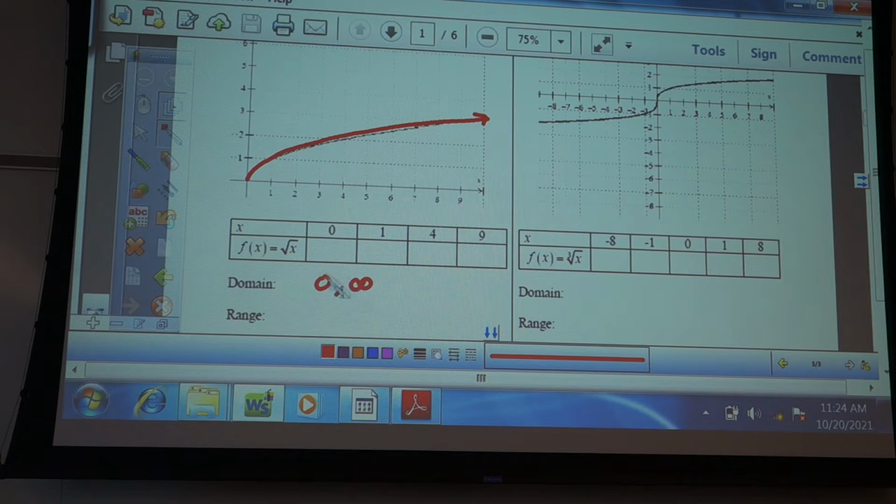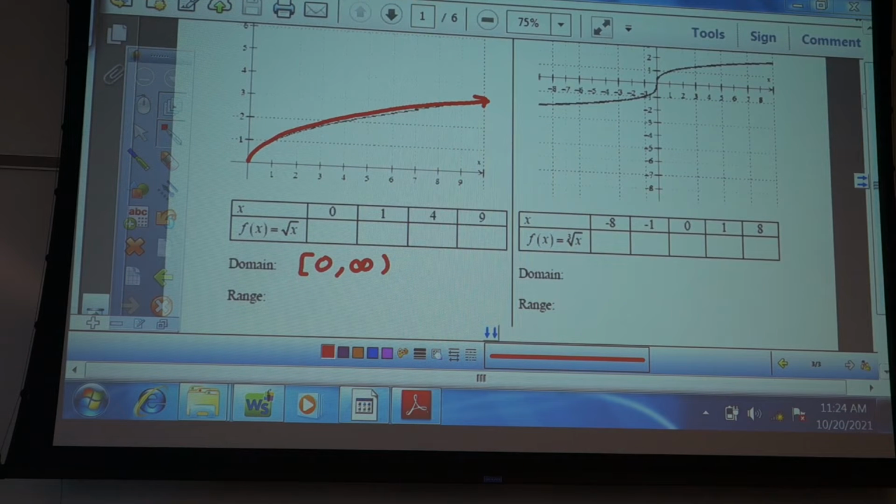Square. How about positive infinity? Can we ever equal positive infinity, Jenna? No. So is it going to be a square bracket or a round bracket? Round. Nice. And then how about my range? My range is my y's, my heights.